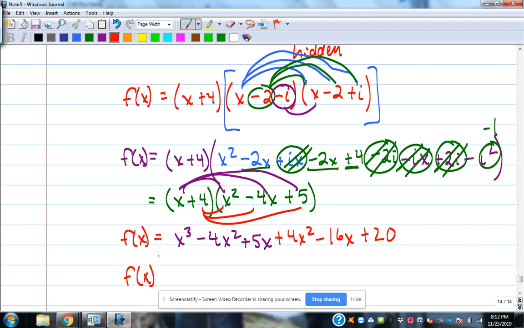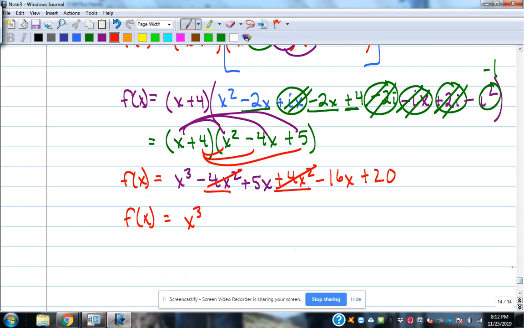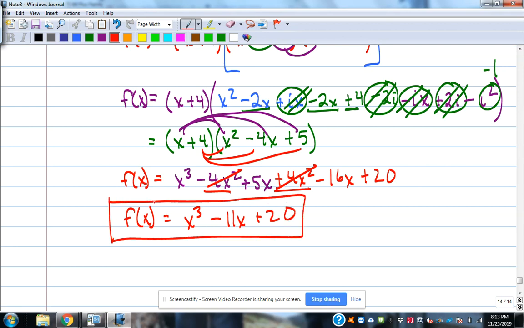All we got to do is get the like terms together, put it in descending order. So x cubed, negative 4x squared, positive 4x squared. What happens to those? They go bye-bye. Positive 5x and negative 16x be negative 11x, right? And then plus 20. All of that work, and we end up with this little old trinomial here. Out of that.